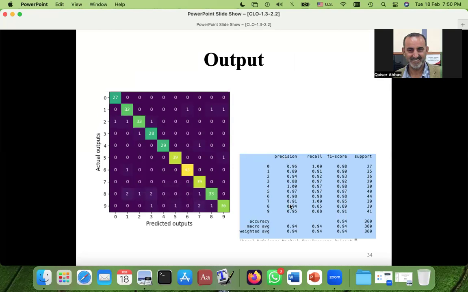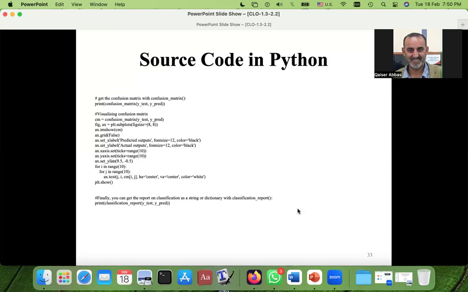This is the precision. It is calculated for class 0, for class 1. These are the different classes from 0 to 9. For class 0, what is the precision? What is the recall? What is the F score? What is the support? And similarly for 1, and similarly for class 3, 4, and so on. Then macro average, all that. So all that stuff is calculated through this single command, classification report.